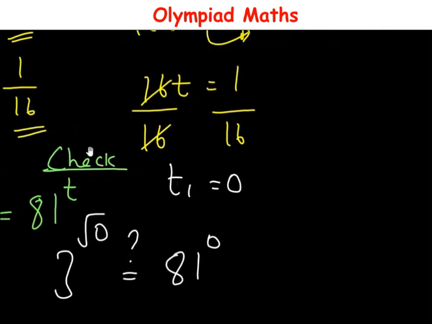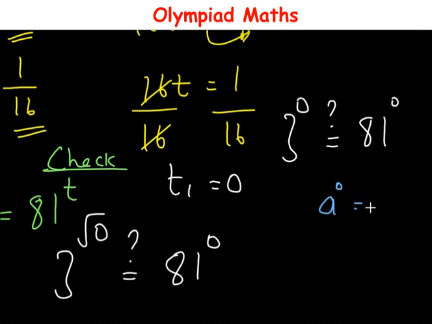So from here, we have 3 raised to power root 0 is 0, with this equal 81 raised to power 0 question mark. Now, following this identity, that if you have a raised to power 0, this equals 1. If you have b raised to power 0, this equals 1. Even 1 raised to power 0 is equal to 1.